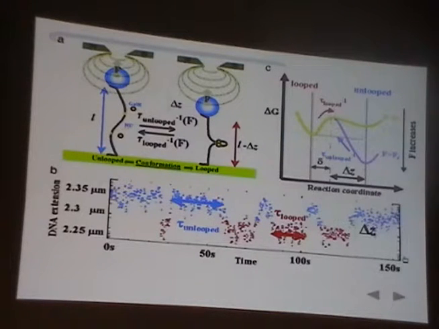Okay? So by simply following a simple signal in time, the change in extension in time, you have access not only to the equilibrium properties of your system, but you also have access to the kinetics. Okay?